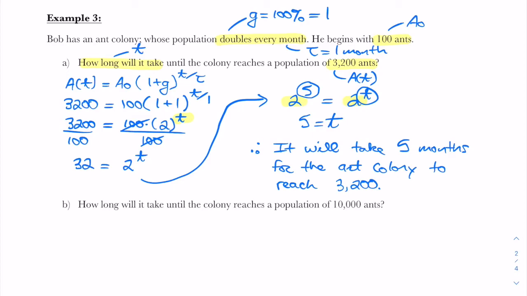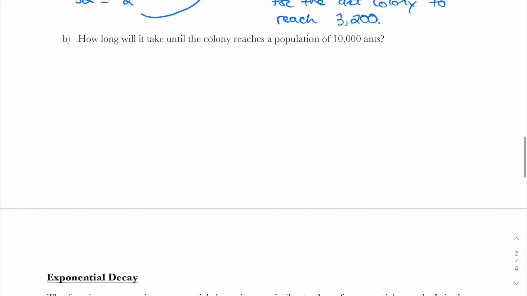Okay, let's try another one that's slightly more challenging. This time we want to know how long it takes for the ant colony to reach a population of 10,000. So once again, that's the A of t, the final amount. We're using the exact same equation from part A. It's just the left side equals 10,000 instead of 3,200, so I'll write that out.